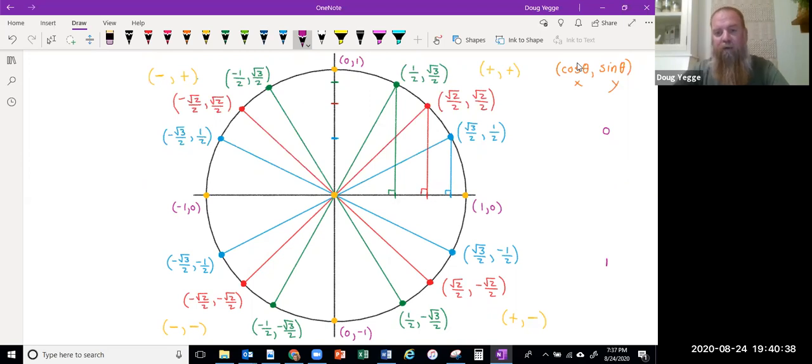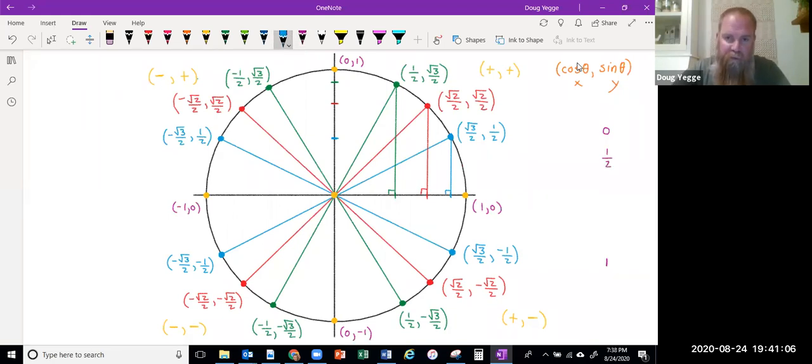So we can see that the y coordinates go from 0 up to 1. And so let's just take a look at how those change. As we're moving around this circle, the angle is increasing. So notice how the y coordinate is getting larger. So the next value then is 1/2. It's the y coordinate of 1/2.